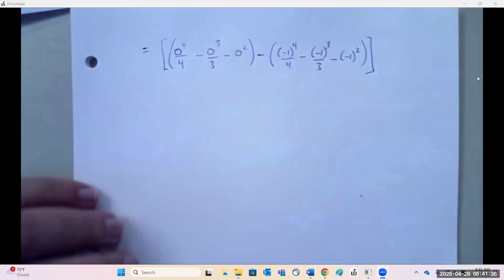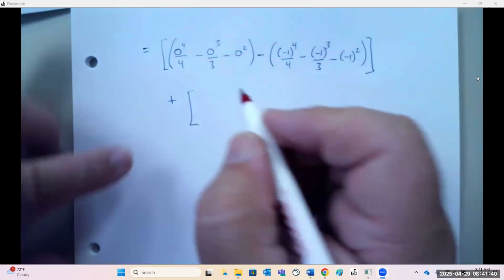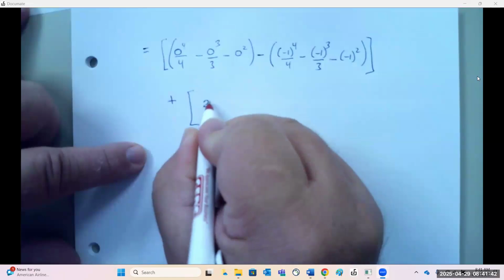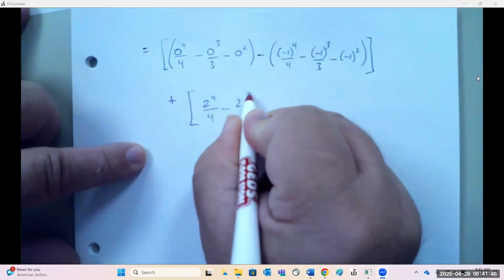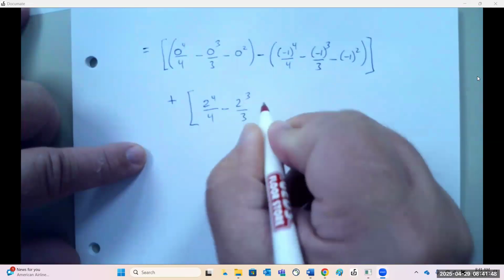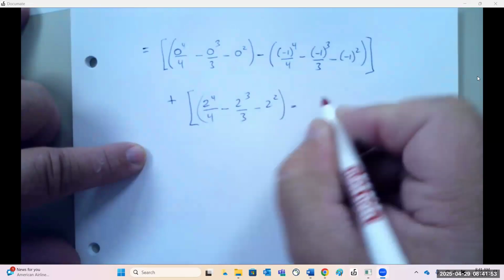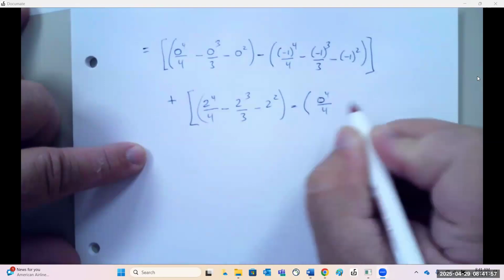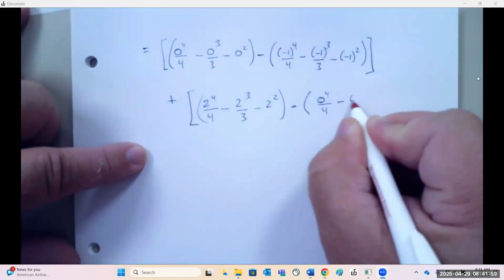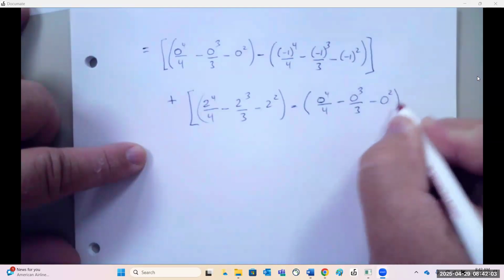That's all in the first box. And we do the same thing with the second box. So we now go from 2 to the 4th over 4, 2 to the 3rd over 3, minus 2 squared, minus 0 over 4, 0 cubed over 3, 0 squared.